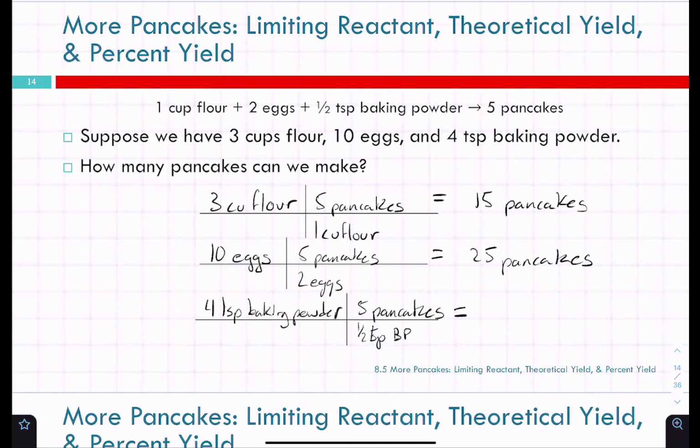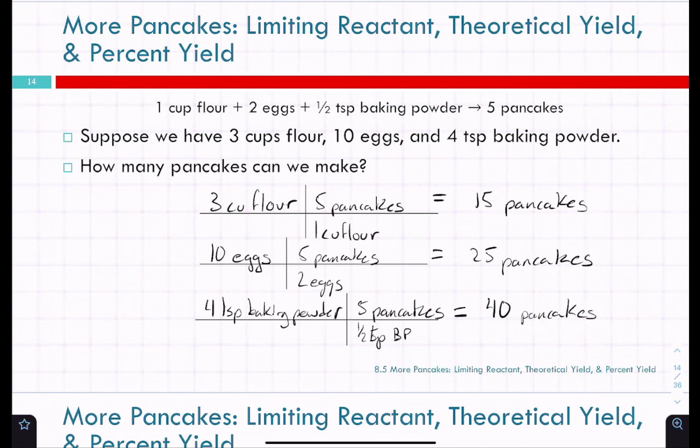This gets a little bit weirder in terms of the math, since we don't have fractions in chemical equations, but we can do 4 times 5, divided by a half. That's enough baking powder to make 40 pancakes.